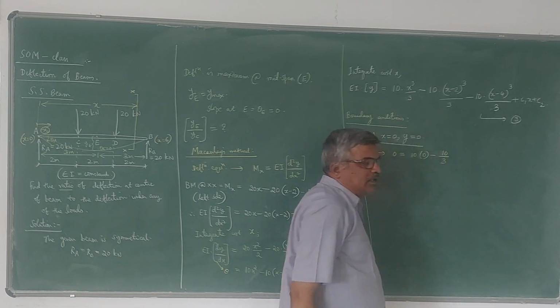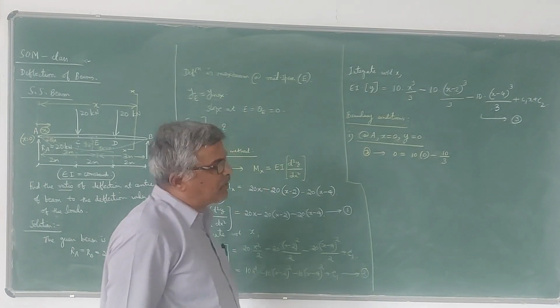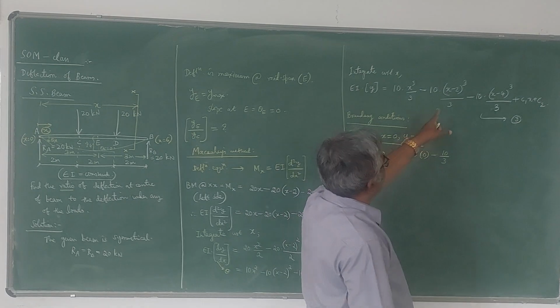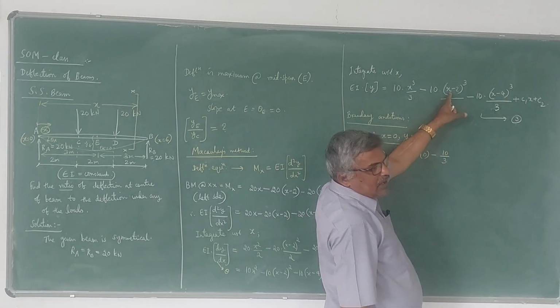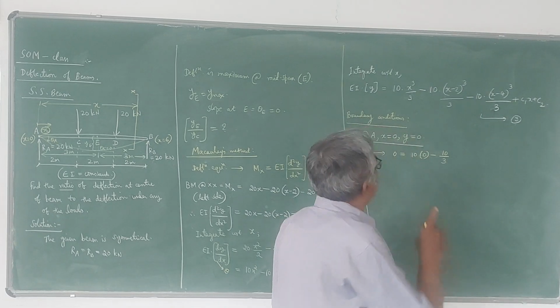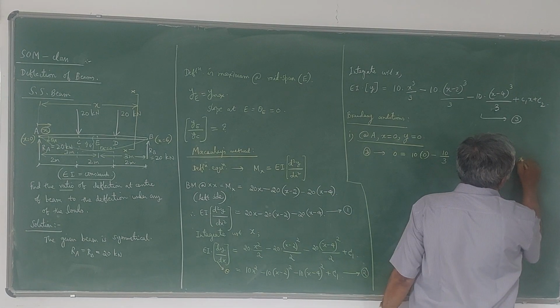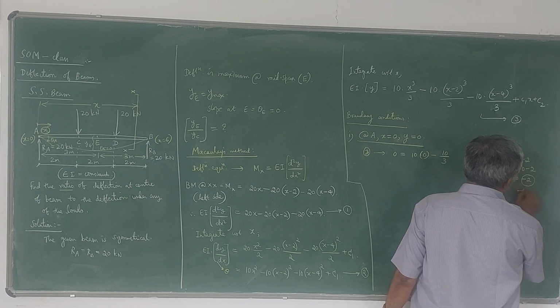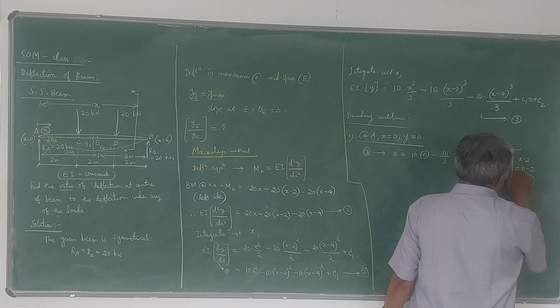Another important point you have to consider in the Macaulay's method is, if you substitute for x here and the term becomes negative, for example here x minus 2 becomes 0 minus 2, so it is minus 2, then that term is neglected.